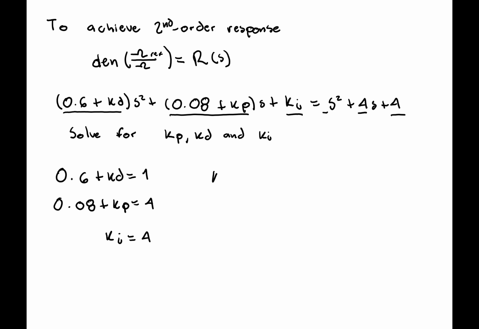This turns out to be that kd is equal to 0.4, kp is equal to 3.92, and ki is equal to 4.